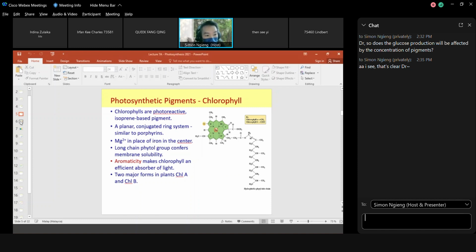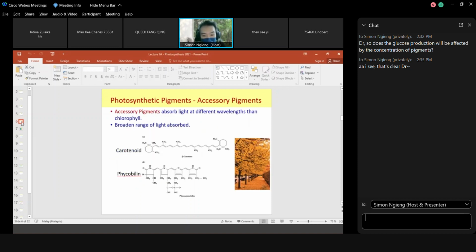You still have other kinds of photosynthetic pigment, for example carotenoid, and you also have phycobilin. Like I said just now, trees which look yellow doesn't mean that they cannot do photosynthesis. It just means that they have other kinds of photosynthetic pigment such as carotenoid, which can also be excited and release electrons.